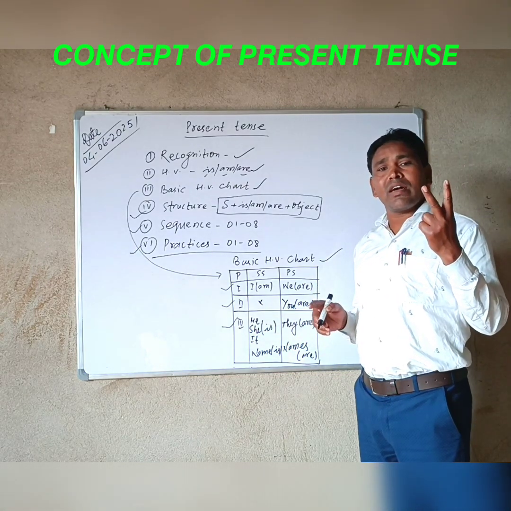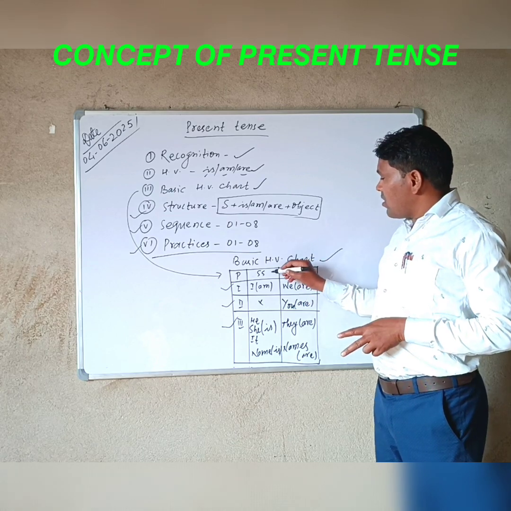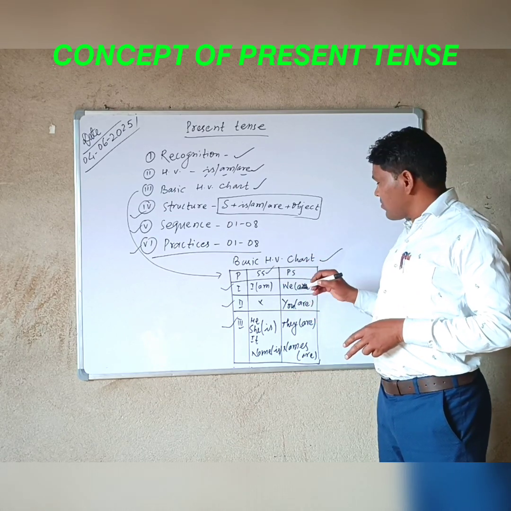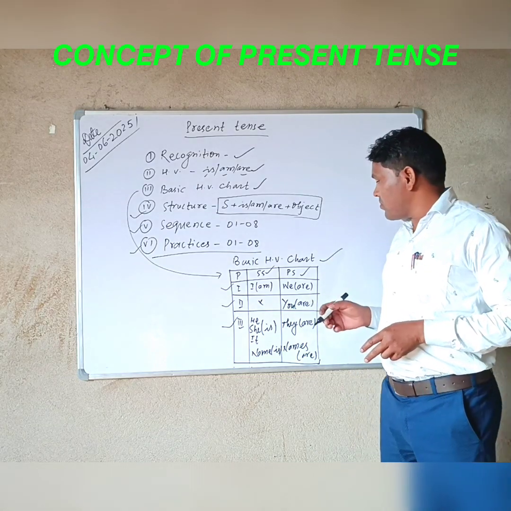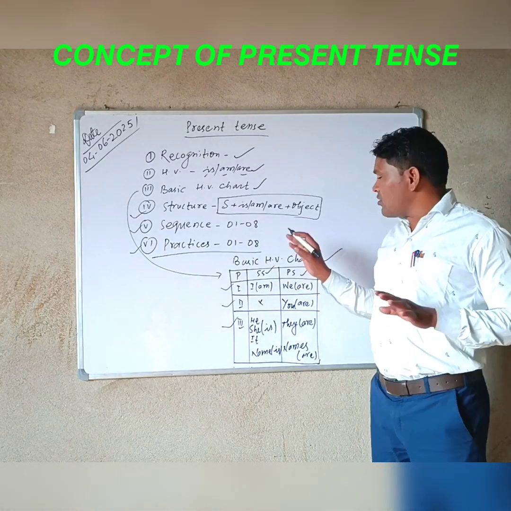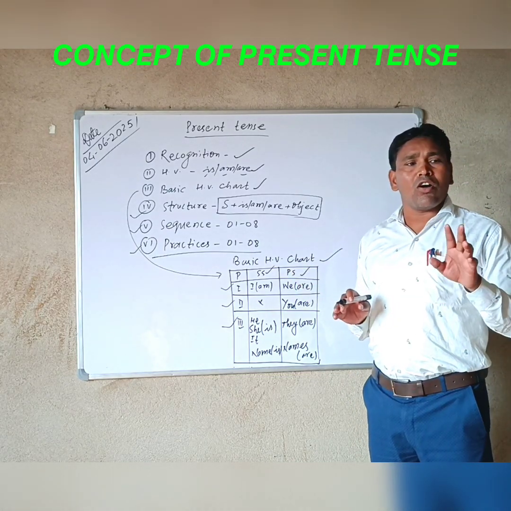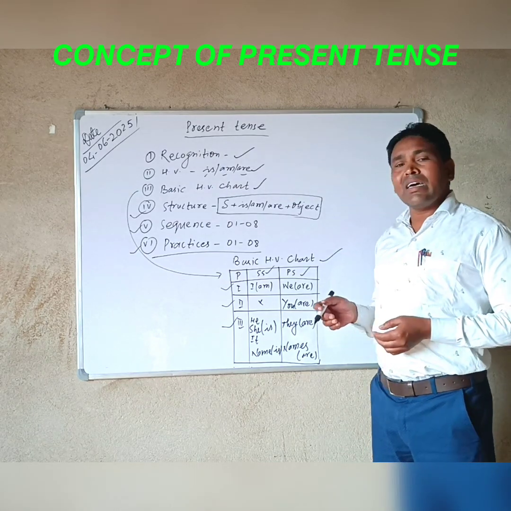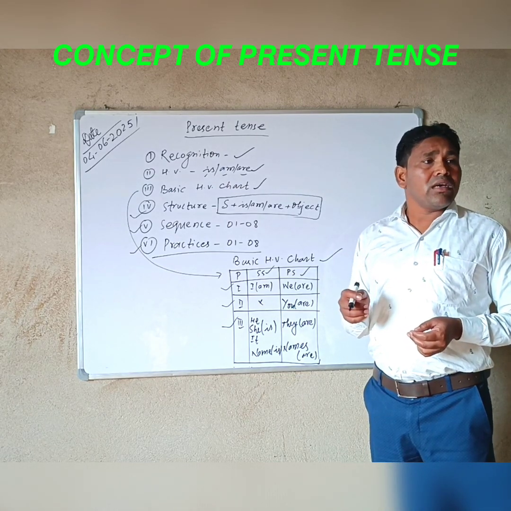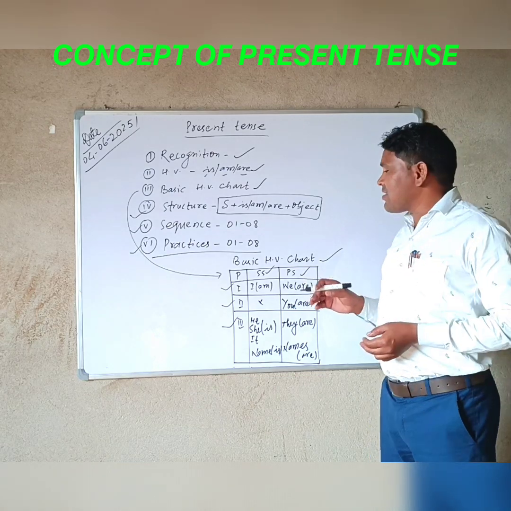There are 2 kinds of subject: singular subject and plural subject. This basic HB chart always tells about the function, it means how HB is used with the subject.